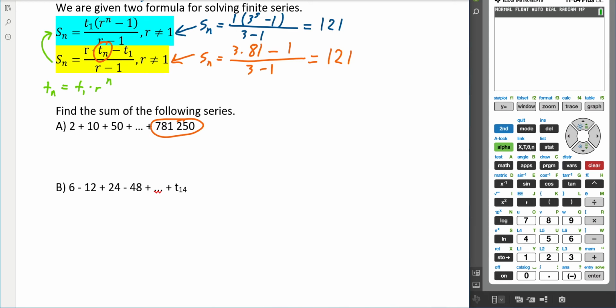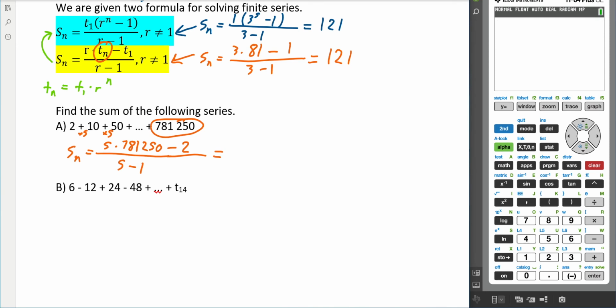So with that in mind, Sn equals R, which is times by 5 in every spot. So 5 times Tn, which is our massively massive number. This is going to be a really big number, by the way. Hopefully it's going to fit in our calculator. Minus T1, which is 2, over R minus 1, so 5 minus 1.